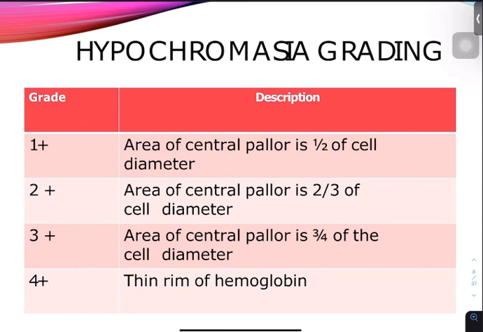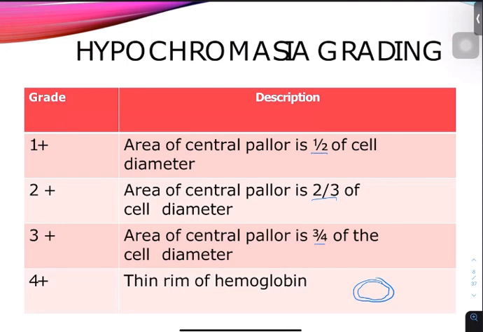Your 2 plus is 2/3 of the cell, more than half of your cell. 3 plus is 3/4. Konting-konti na lang yung dark. Then 4 plus is a thin rim of hemoglobin. Paano madidepict yan? Parang halos yung membrane lang yung nakikita mo.